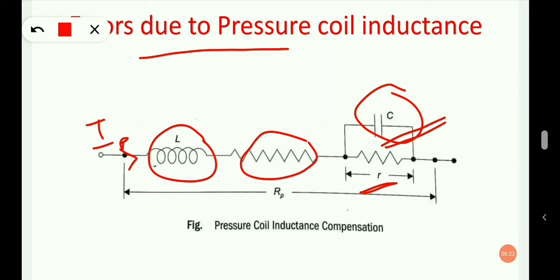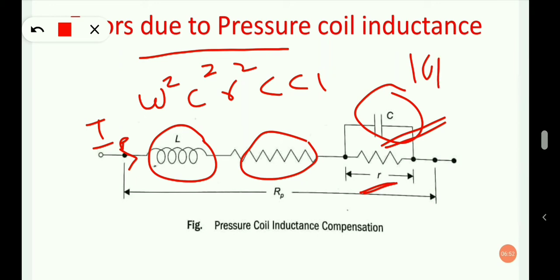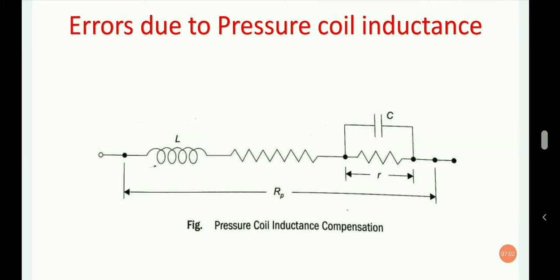This compensation technique can be applied to frequencies at which omega square C square R square is very much less than 1, and it is very useful for the frequency range above 10 kilohertz. So this is about error due to pressure coil inductance and its compensation.